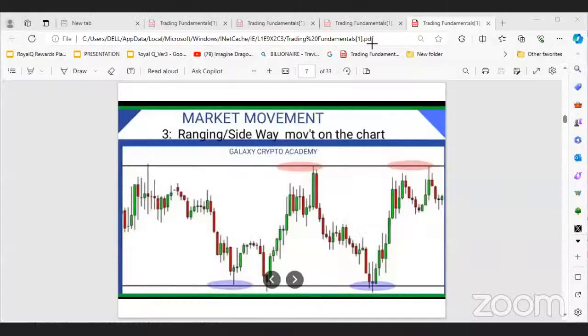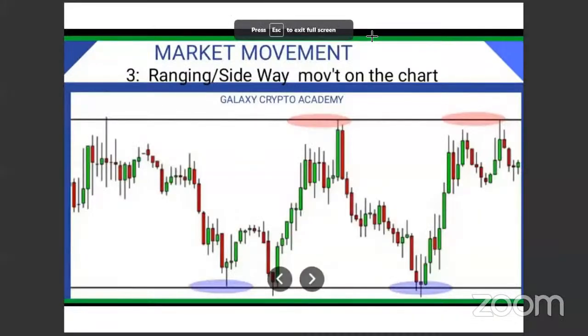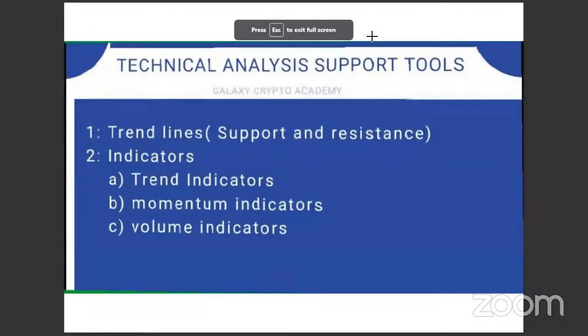Now, what makes up the ranging market? What makes up the uptrend? What makes up the downward trend?